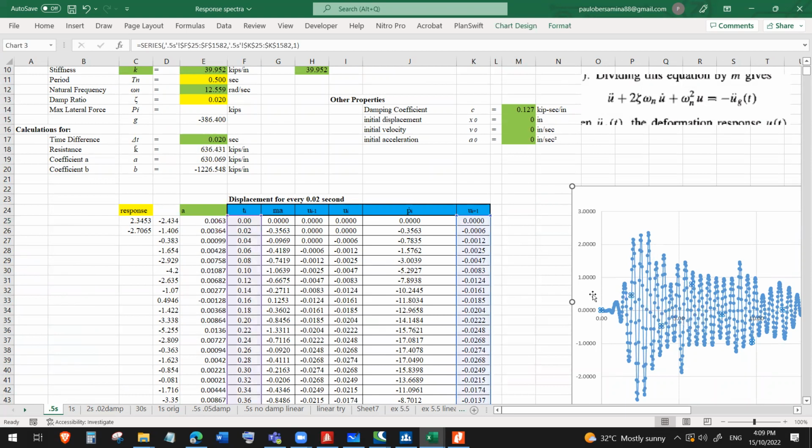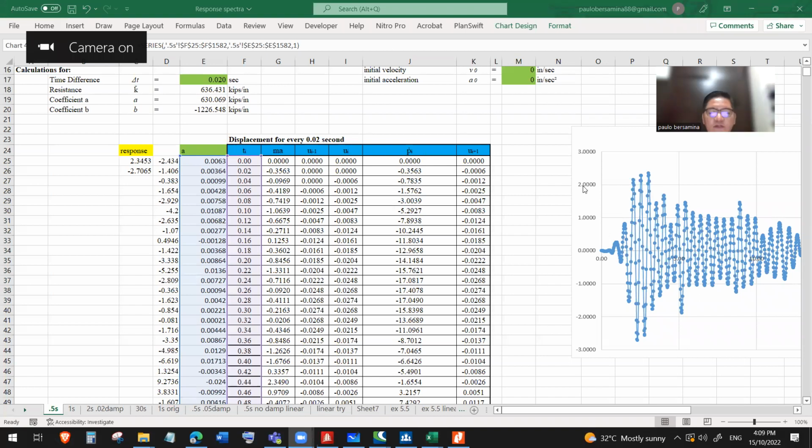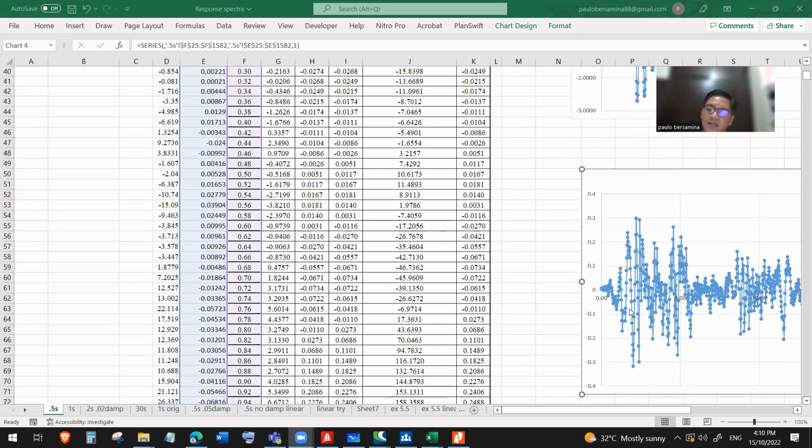So that's why I have acceleration versus time, kasi yung data is naka-normalize sa g. So para ma-convert into acceleration, you need to multiply with the g in English units, which is 386.4. Okay? Naka-normalize sa g siya.